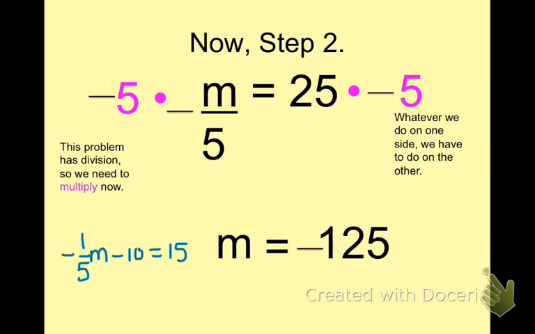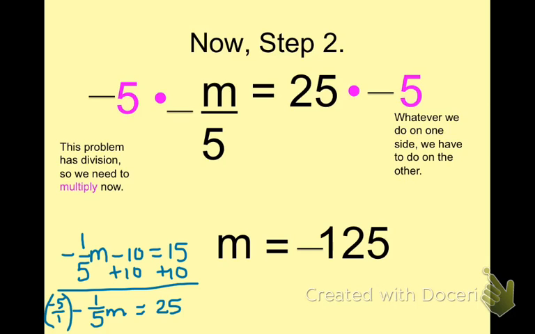So we already did the add 10 step, and if you bring down this negative 1/5 of m, we've learned that multiplying by the reciprocal, which in this case would be multiplying by negative 5 over 1, on both sides. Make sure that that's negative. So you can see same thing. M is equal to 125.